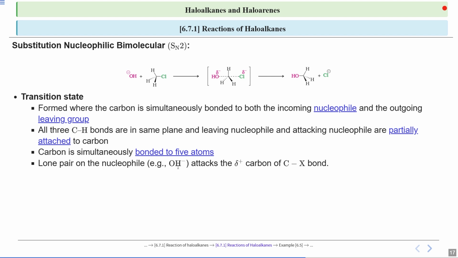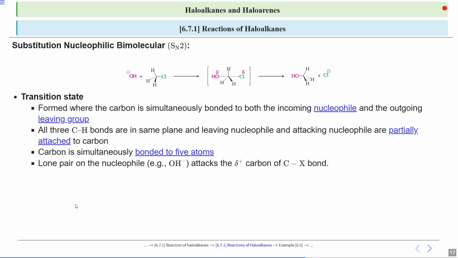The lone pair of the nucleophile, here the hydroxyl ion, attacks the partial positive carbon of the carbon-halogen bond. The hydroxyl group is our nucleophile, and its lone pair attacks the partial positive carbon, which is bonded to the halogen.